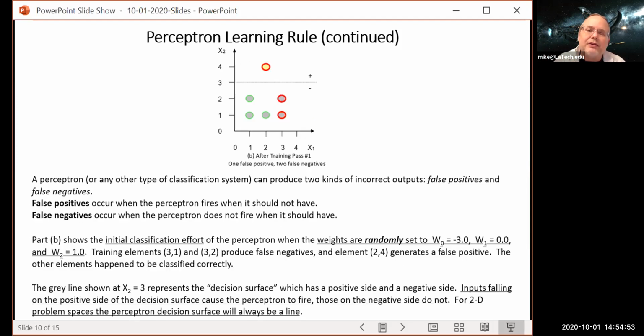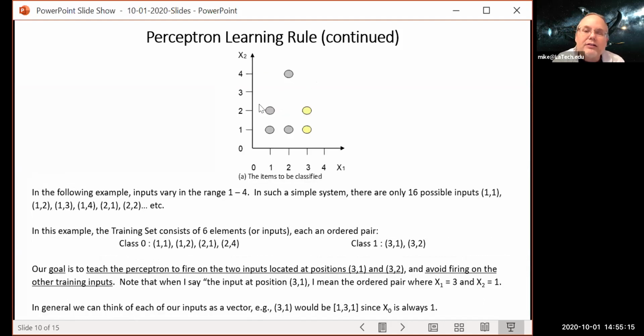So it just so happened that it says, oh, I'm firing on this guy. Now we were pretty lucky because these three things here, I've got little green circles around them. They happened by chance to be categorized correctly because they are gray, they're not firing, and they're not supposed to fire.